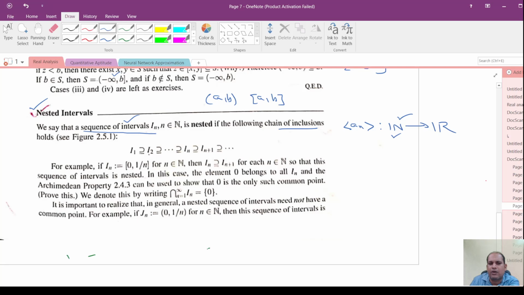Suppose we have interval I n+1 contained in I n and so on, then we will call such a containment relation a sequence of intervals.